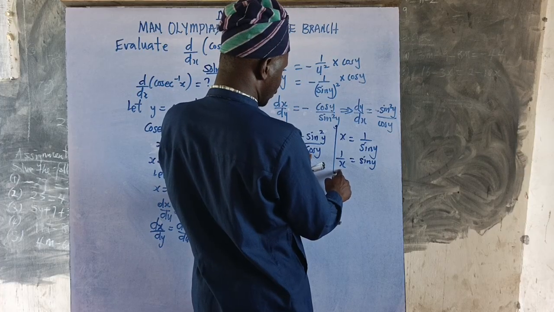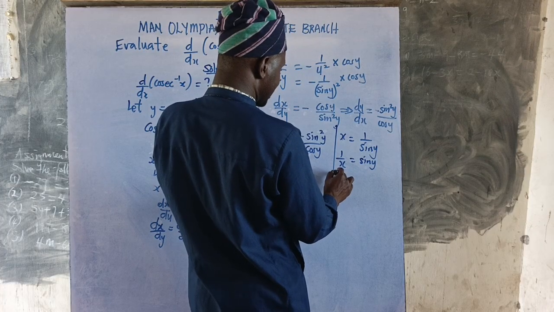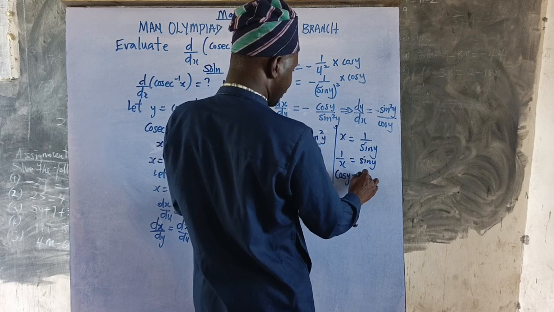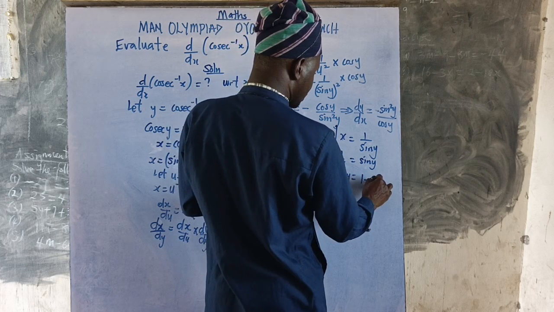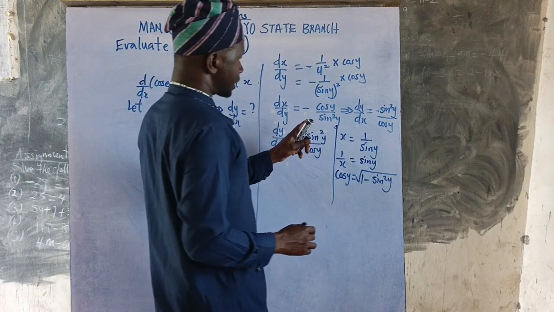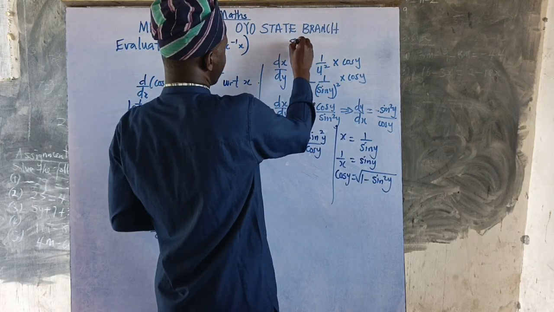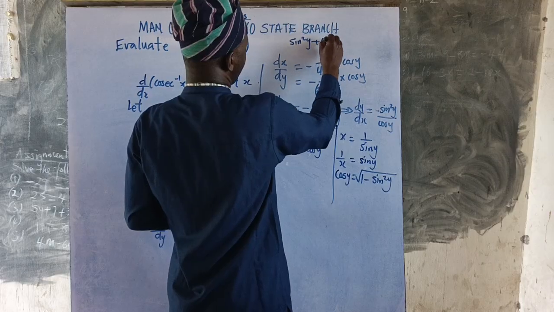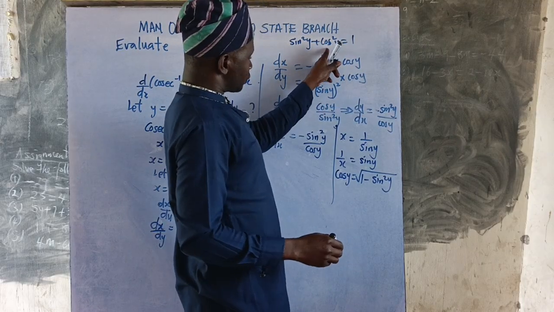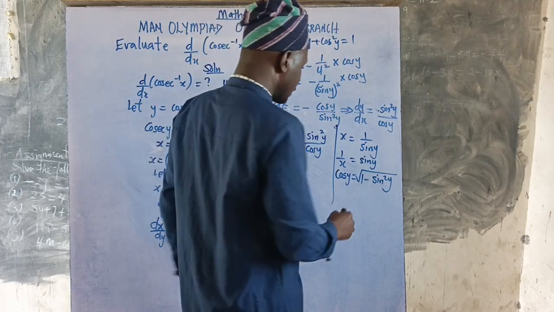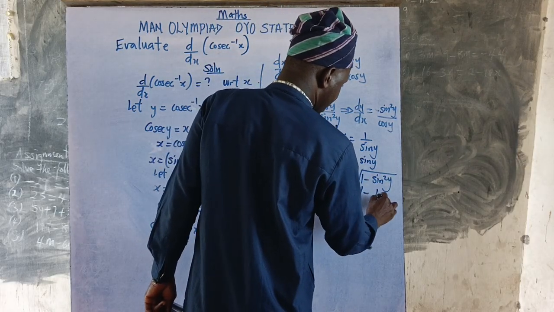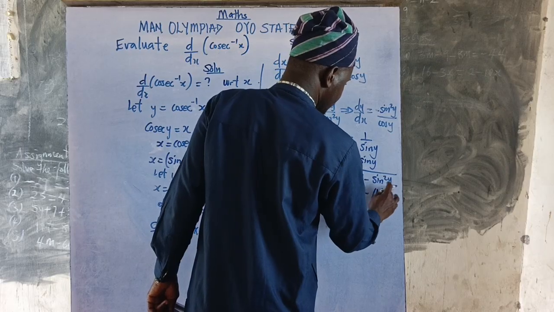Now, what is cos y? Using a trig identity, cos y will be the square root of 1 minus sine square y. From sine square y plus cos square y equals 1, when you make cos y the subject of the formula, you are going to obtain this. Now, when we substitute sine y equals 1 over x, we have 1 over x raised to power 2.